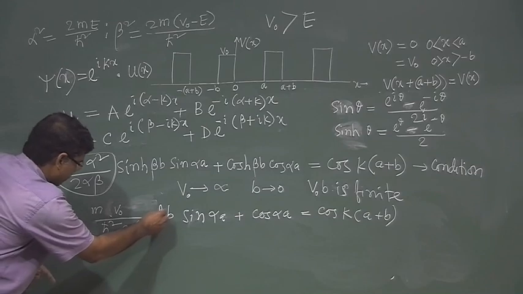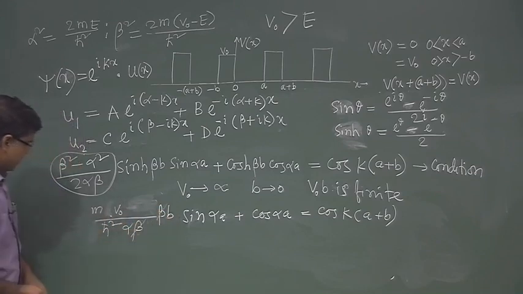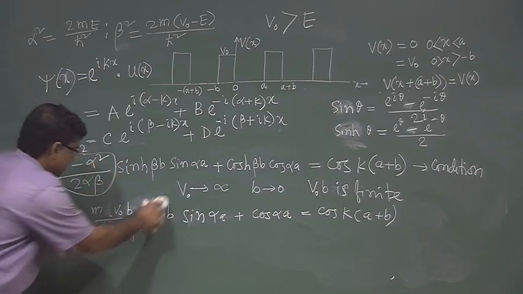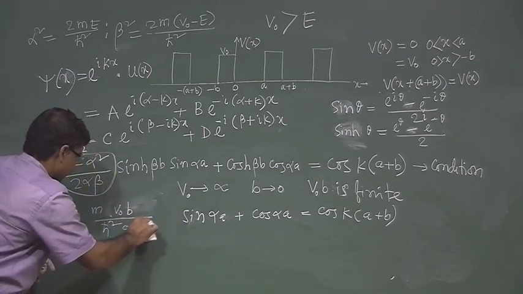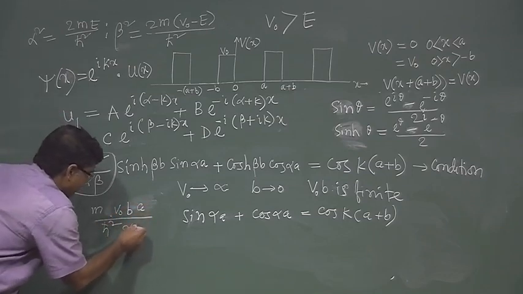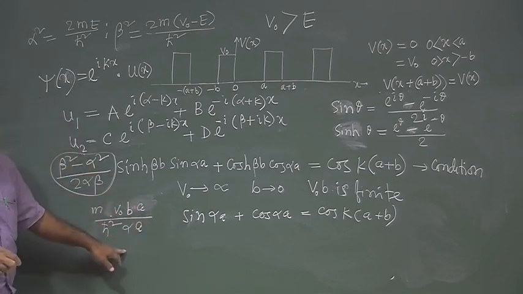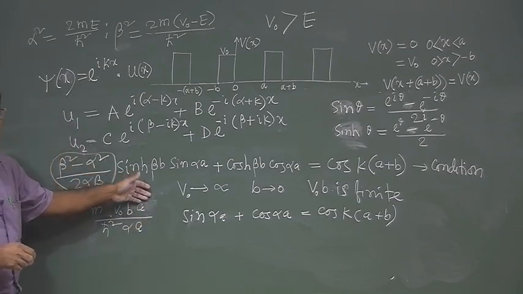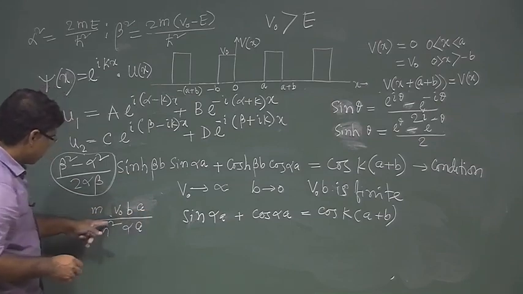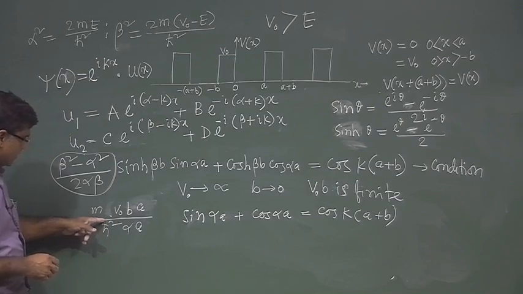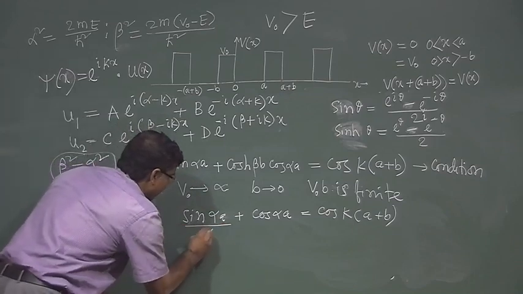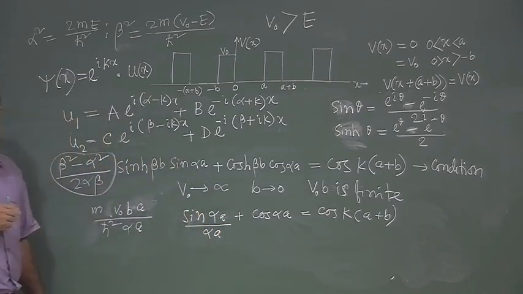Now, what I will do? Beta will go, so the b part will be here, right. I will just multiply with a in the denominator and numerator. My aim is to make it like this. Here I want to put alpha a, in this form.